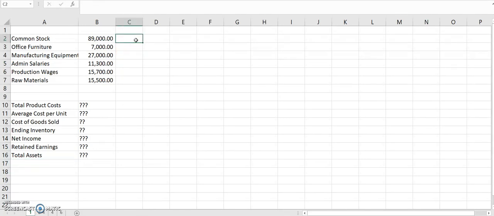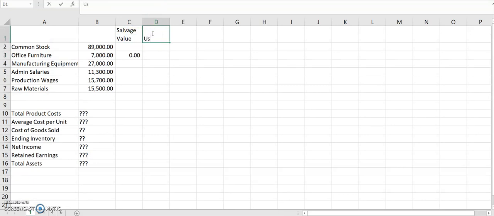So let's pop that into our spreadsheet too. Salvage value for our office furniture was 0, and its useful life is 8 years.